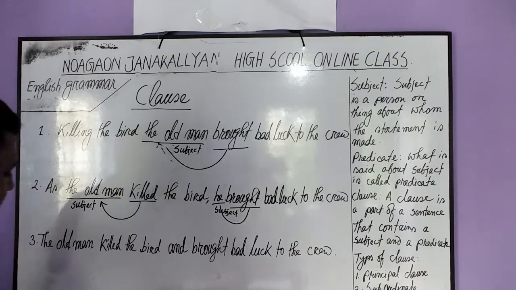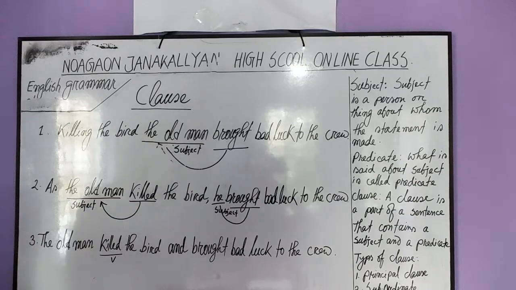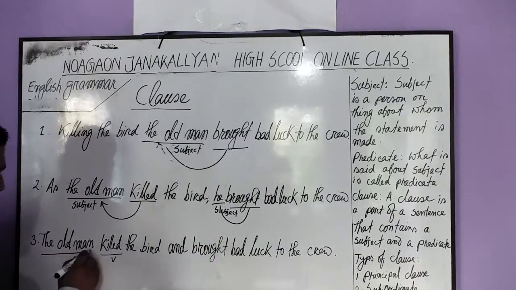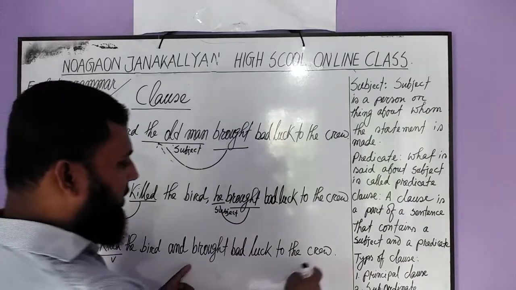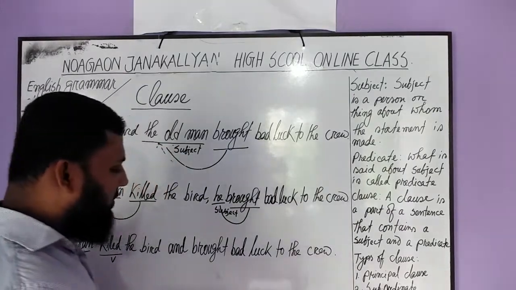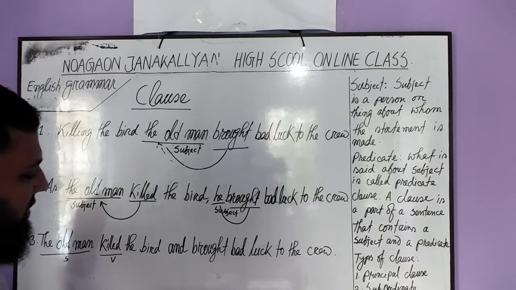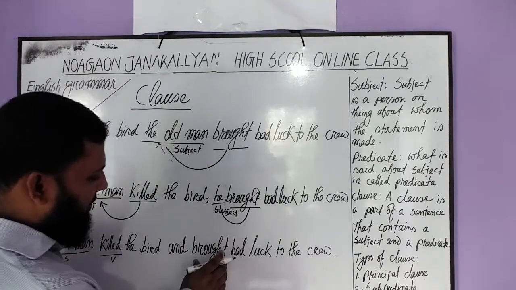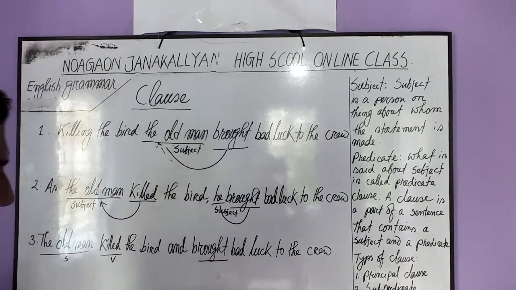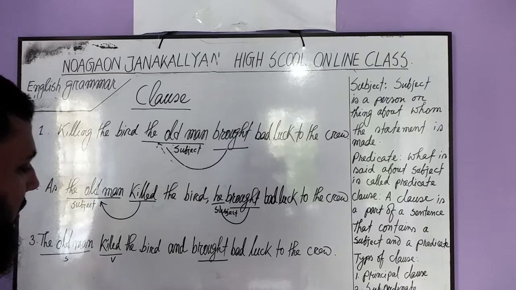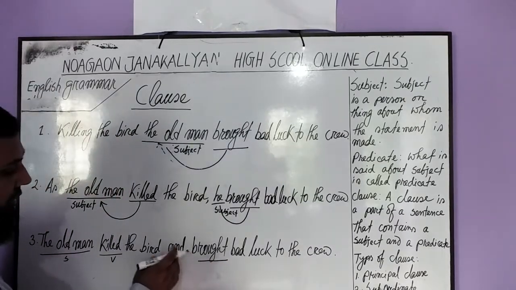Here our verb is killed, and our subject is the old man. Again, the second part of this sentence: what is the verb? Brought, বয়ে এনেছিল। Who brought? কে বয়ে এনেছিল? Then our answer will be he brought.